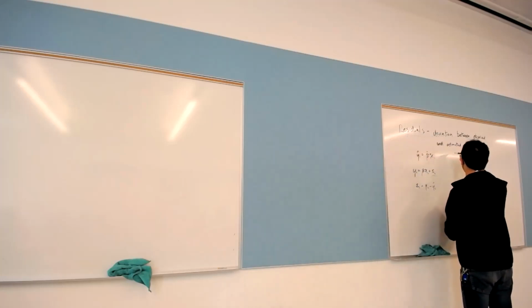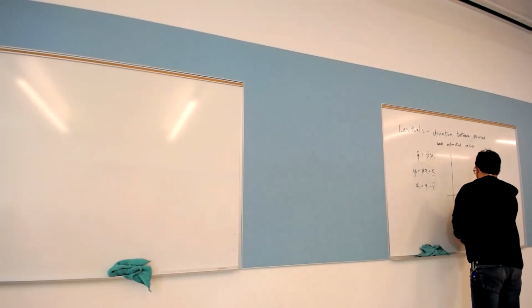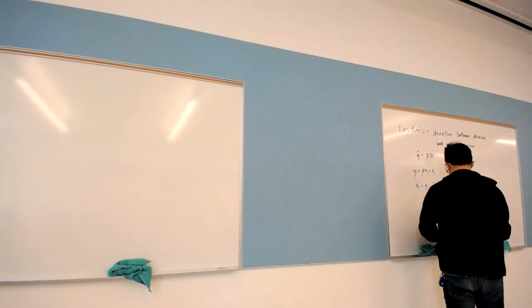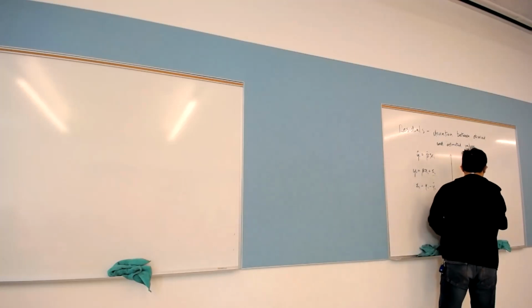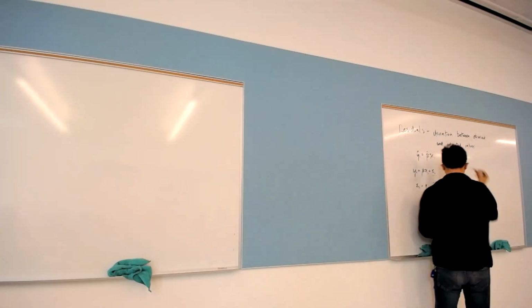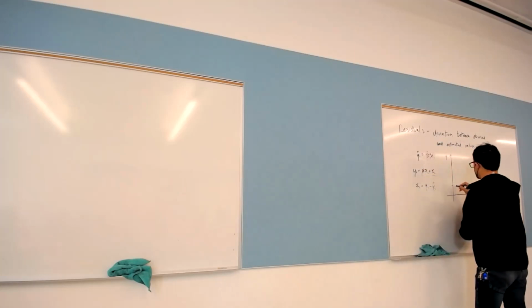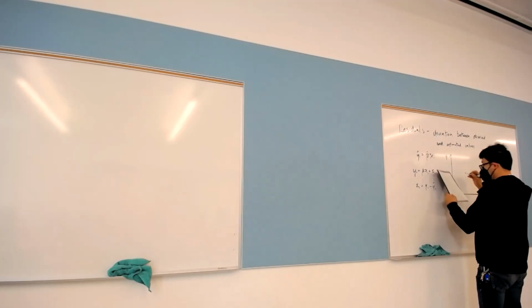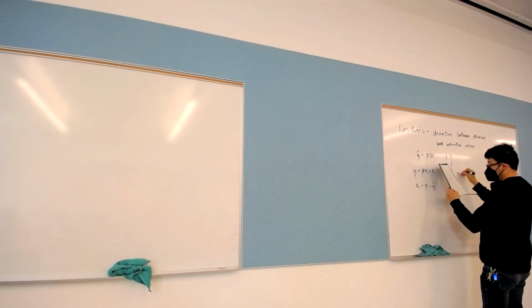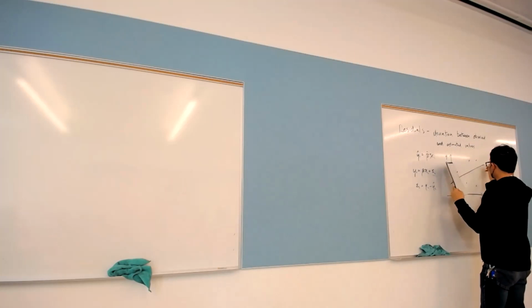So if I were to look at this in the data, it might look something like this. X, Y, and let's say you have a couple points here. So X. And let's say we have a line that looks like this.